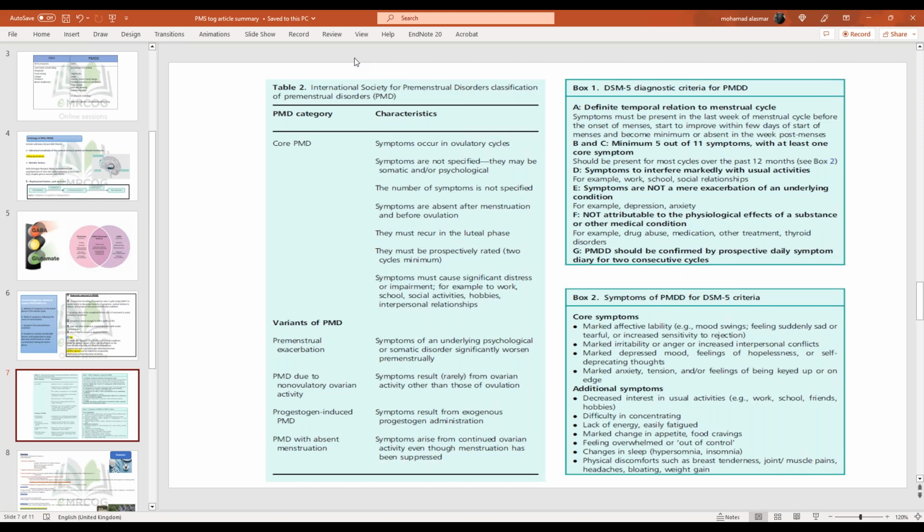Yes. So, doctor, if we give it and the patient becomes iatrogenic menopause, it can lead to overlap between the menopausal symptoms and premenstrual symptoms. Yes, you are great.